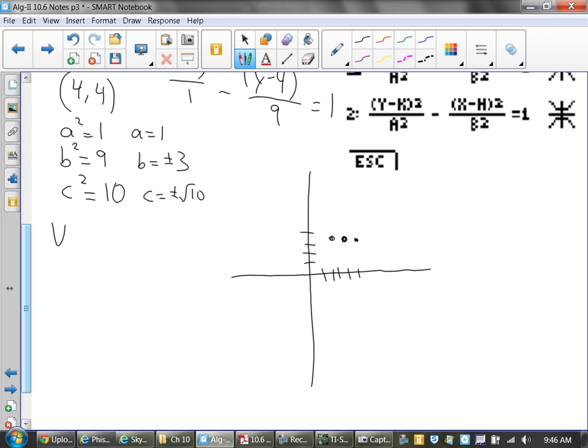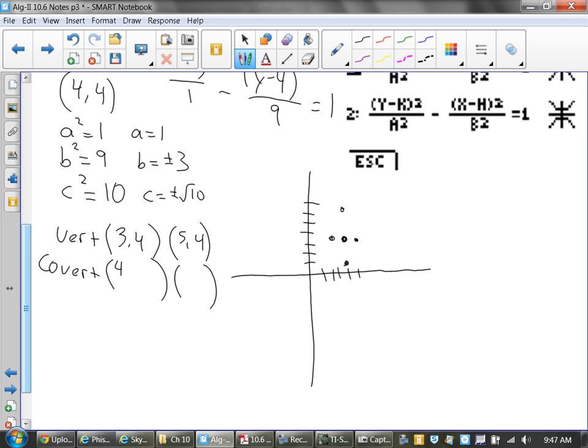So that means my vertices are going to be at 3, 4 and 5, 4. The co-vertices, I go up and down 3 from the center. What is that? 4, 7 and 4, 1. Everybody okay with that?